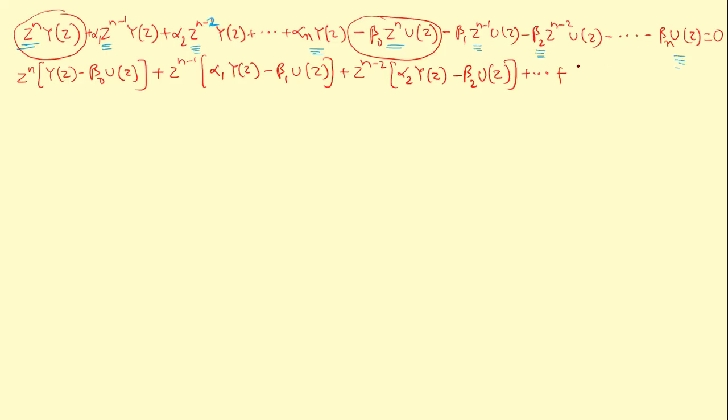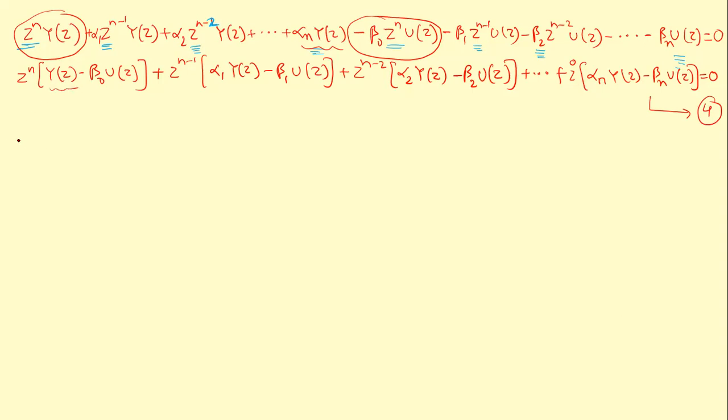So we have now, we'll combine this term with this term. So we have, this is z raised to the power 0, right? Alpha n yz minus beta n uz is equal to 0, right? So now, let us call this equation number 4, and we will convert this equation number 4 in terms of yz only, okay?